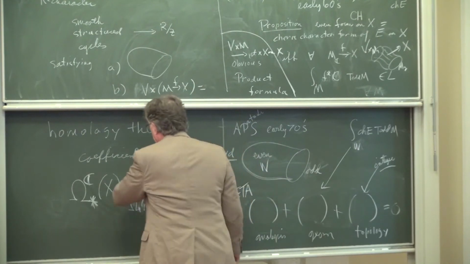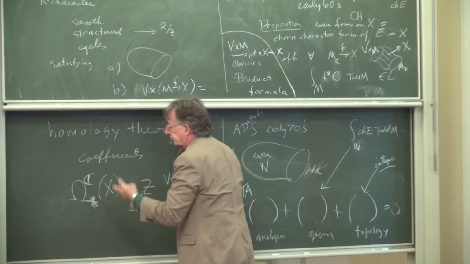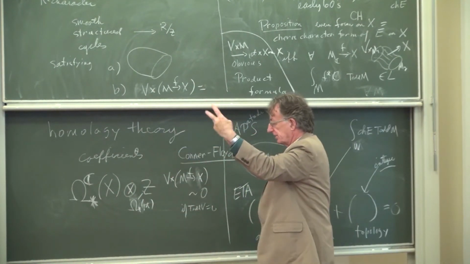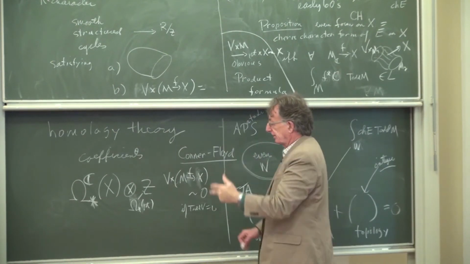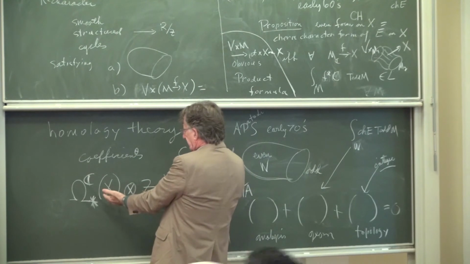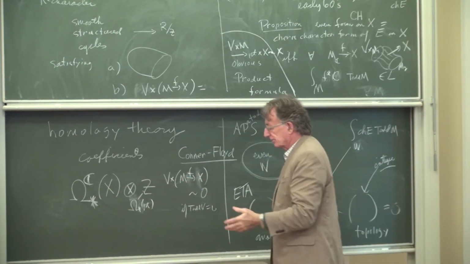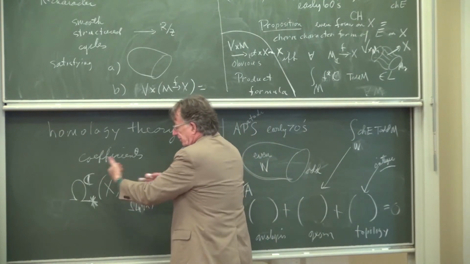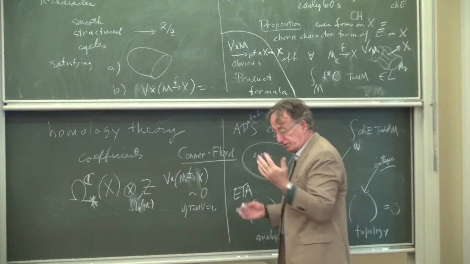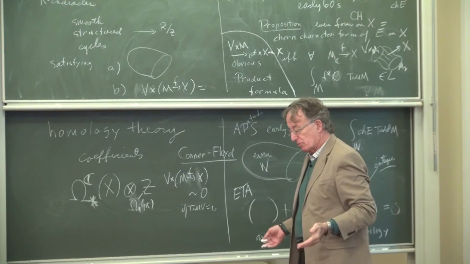And now, if you consider this thing, this is the homology theory. It satisfies these three axioms: homotopy, excision, and exactness. Well, if you do any algebraic construction to a homotopy functor, you're going to get a homotopy functor. If you do any algebraic construction to something where there's an isomorphism, excision, you're going to get an isomorphism.